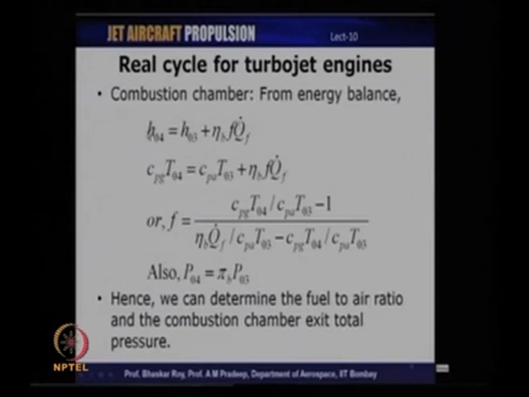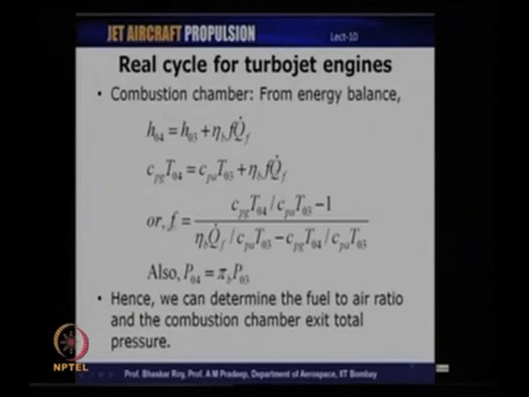The stagnation enthalpy will now be converted to the corresponding Cp times the stagnation temperature. So, we have Cp subscript g, which represents the specific heat at constant pressure for the combustion products, multiplied by T04, equal to Cpa, which is the specific heat at constant pressure for air, multiplied by T03, plus the efficiency times fuel to air ratio times the heat of reaction or calorific value.